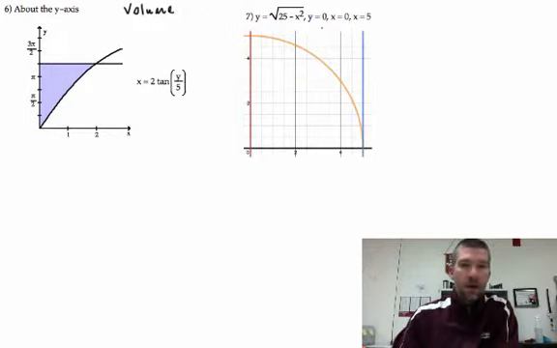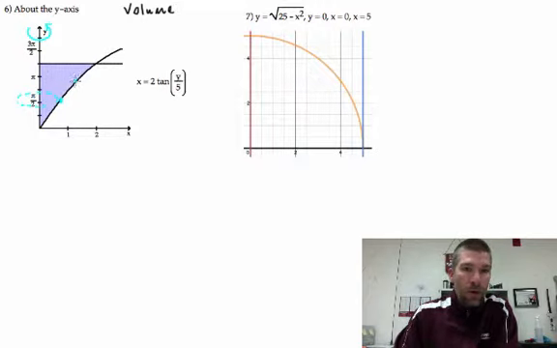Okay. So when you're revolving around the y-axis, wow, I got a pinwheel going here. Let's see if I can write. Here we go. You're going to revolve this way. And so what that does is it creates a circular shape, because it doesn't matter at what point you're at on this curve. When you go around the y-axis, you get a circle.